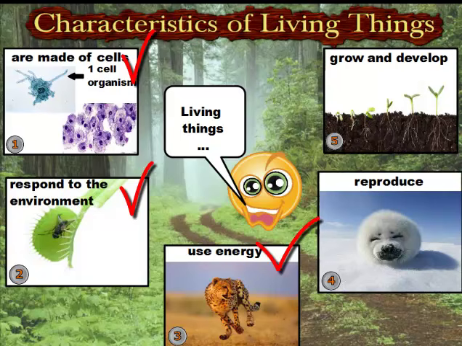Living things also reproduce, which means they produce offspring and create more of their own, and they can reproduce in either one of 2 ways: asexual reproduction and sexual reproduction. And lastly, those offspring will eventually grow by creating more cells if it's multicellular, or just get bigger if it's a one-cell organism, and develop. They will change their appearance and structures over time.